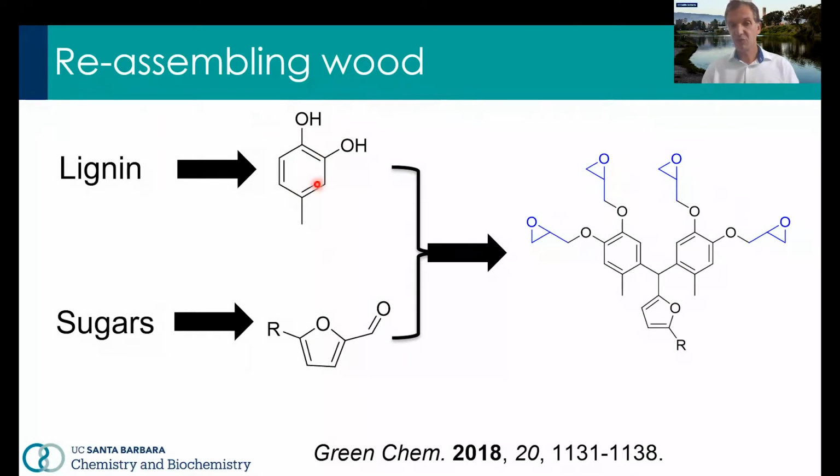By bridging two of these with one of these, we make this structure, and by adding epichlorohydrin, now we have different branching points of the epoxide to make very interesting materials.